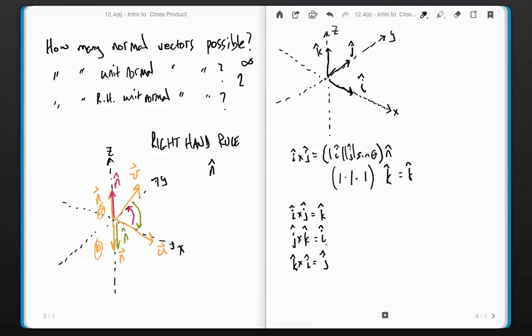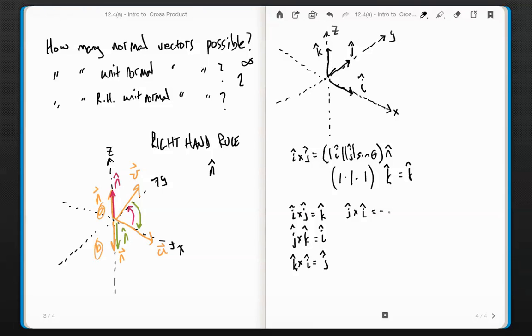Now, an interesting thing comes up if we switch this. What happens if, instead of i cross j, we go j cross i? So this time our right fingers go this direction, from j to i, which means our thumb points down. Now that's interesting. That j cross i points in the opposite direction.